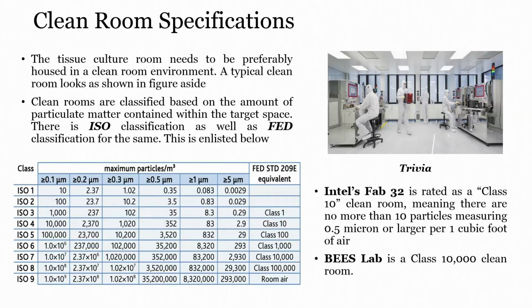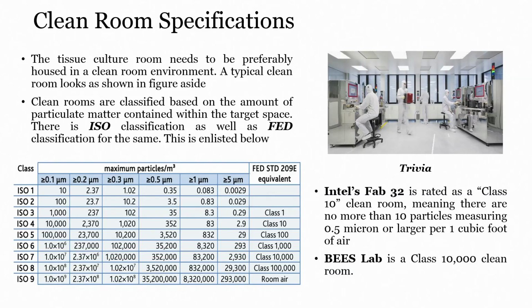Now, we always talked about clean room, right. So, what is a clean room and why is it important? Generally a tissue culture room needs to be preferably housed in a clean room environment, and class 10,000 would be an ideal environment for such kind of activity.